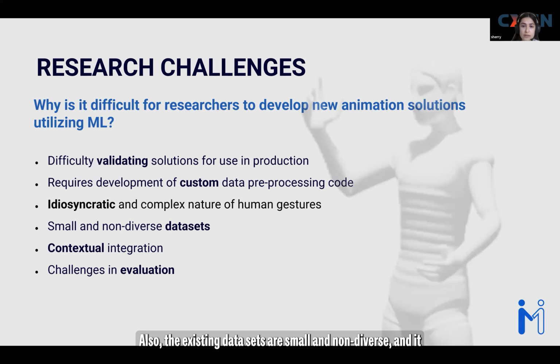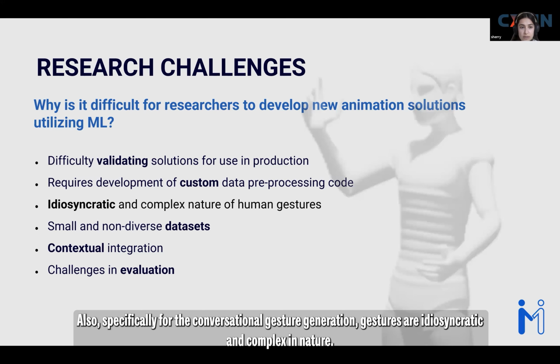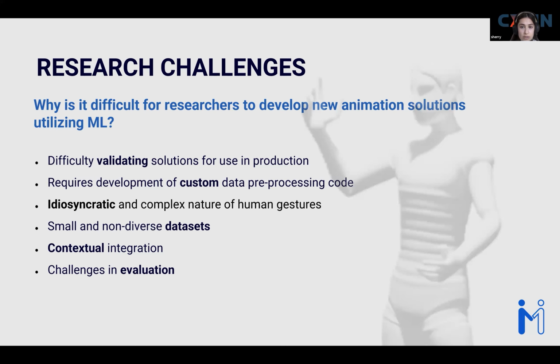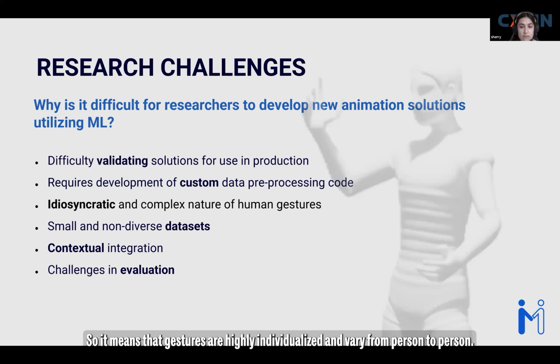The existing datasets are small and non-diverse, and it poses a challenge for researchers. Also, specifically for the conversational gesture generation, gestures are idiosyncratic and complex in nature. So it means that gestures are highly individualized and vary from person to person.